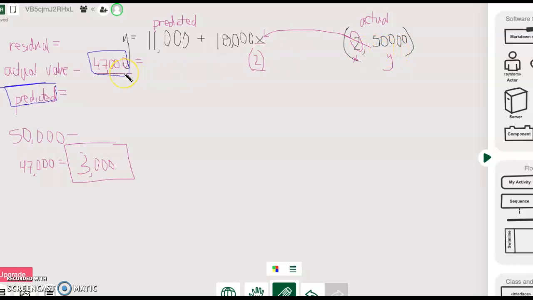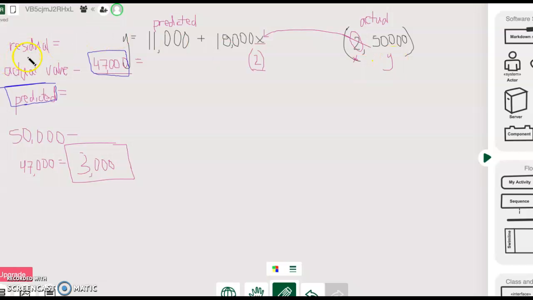So there's a difference, right? My equation tells me that a car that's 2 years old should have about 47,000 miles. But my equation is not perfect, obviously, because I have an actual car that has a mileage of 50,000 miles. These are pretty close numbers, 47,000 and 50,000, but there's a little bit of a difference. And that difference is what I'm going to call my residual.